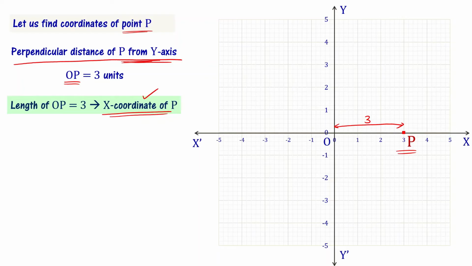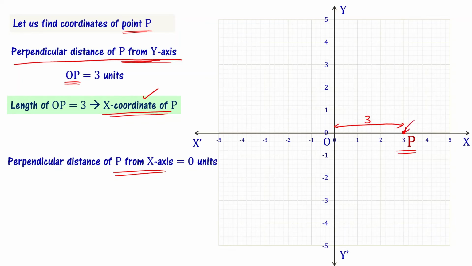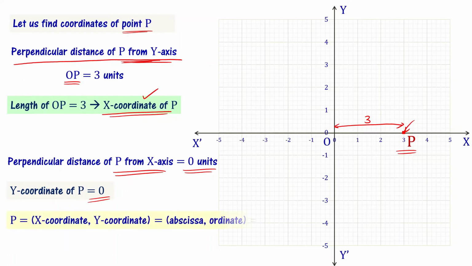Now what is the perpendicular distance of P from the x-axis? It is already on the x-axis itself, right? So the perpendicular distance is 0 units. That means the y coordinate of P is going to be 0, right? Now I can say the coordinates of P, the x coordinate and y coordinate, are going to be 3, 0. We can also say the abscissa and ordinate are 3, 0.